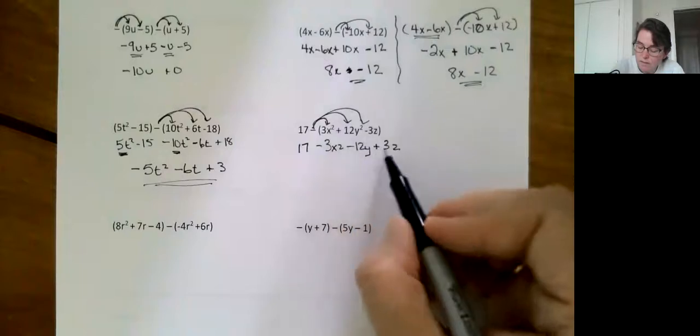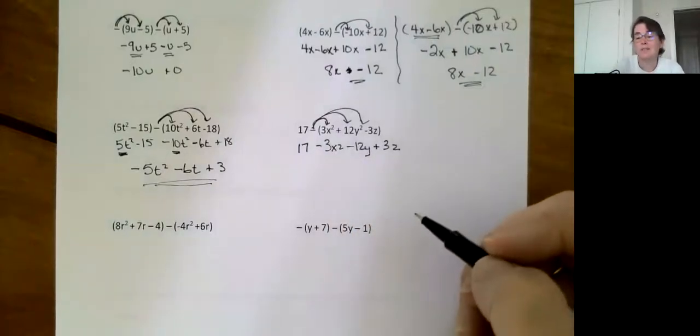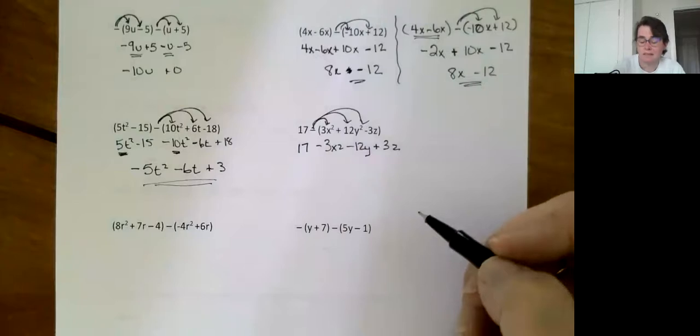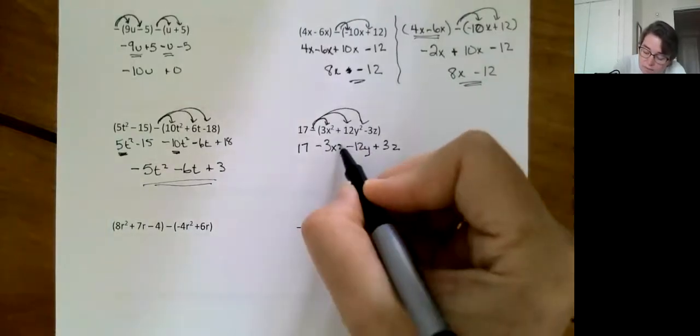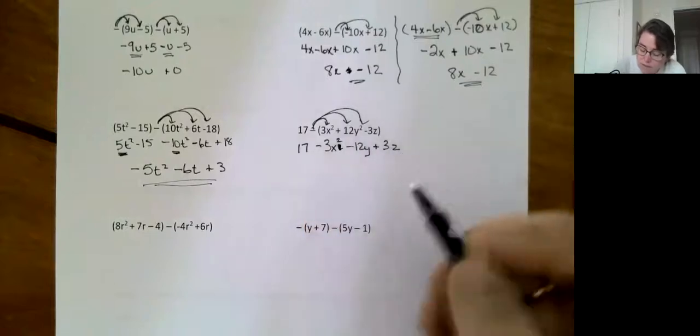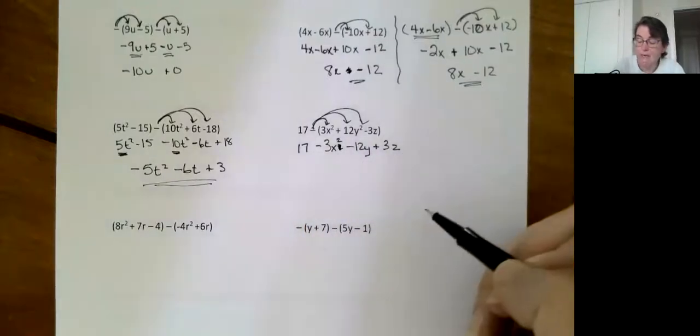Switched. I'm paranoid. I don't want to screw up on a video, because then I have to reshoot it. Oh, wait a minute. First of all, that's a squared. Now, if we look at this, there are absolutely no like terms. So we're kind of done.